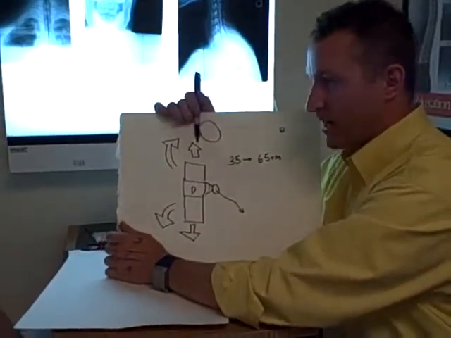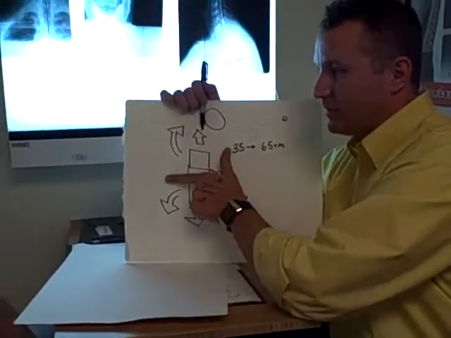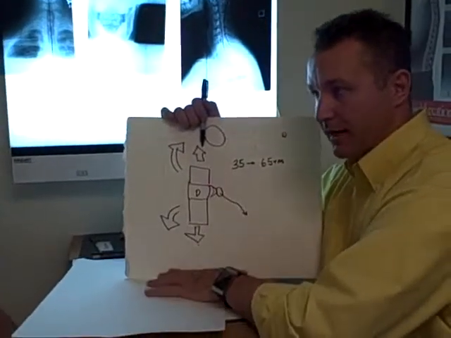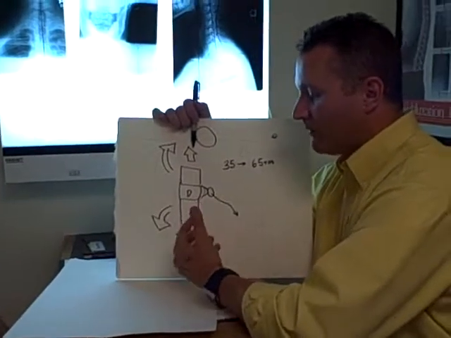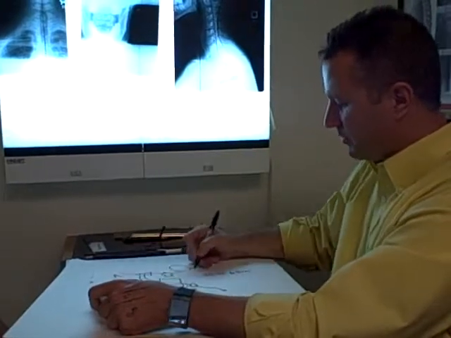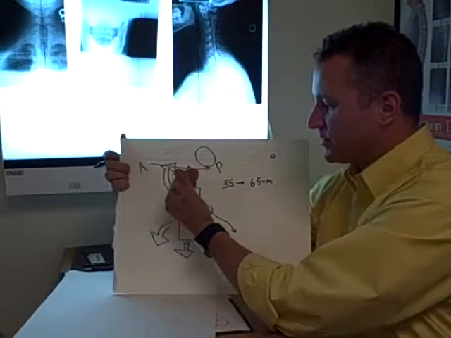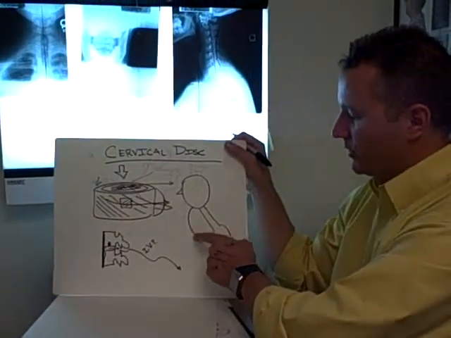We start to give you traction and extension exercises that separate the disc and drive the disc material forward. It's really that simple. In our office, we use what's called an A to P adjustment, which means front to back. And the A to P adjustment really increases the curve that we're looking for in the neck.